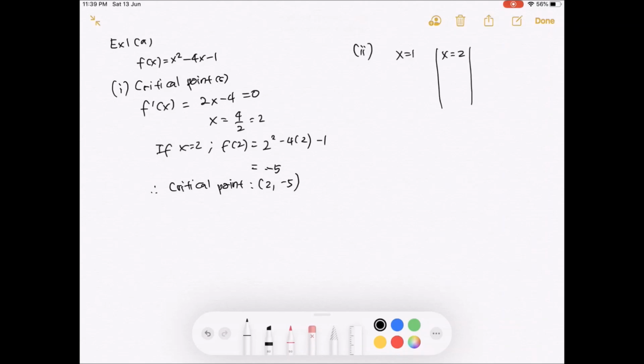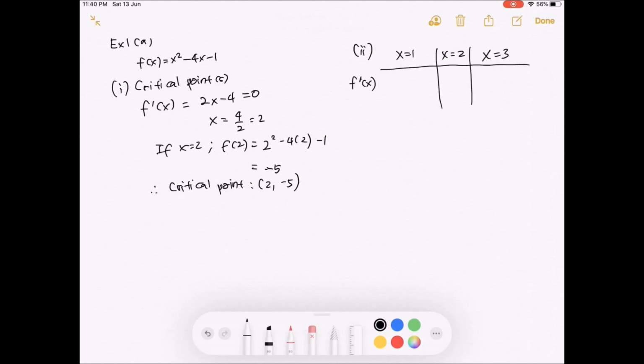Let's say for the point before, we pick x equals 1, and for the point after, we pick x equals 3. So this is our f'(x). We will see whether it's a minimum, maximum, or neither.